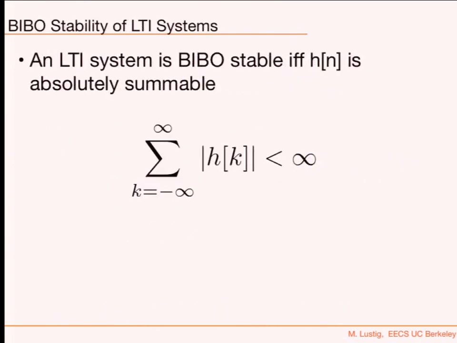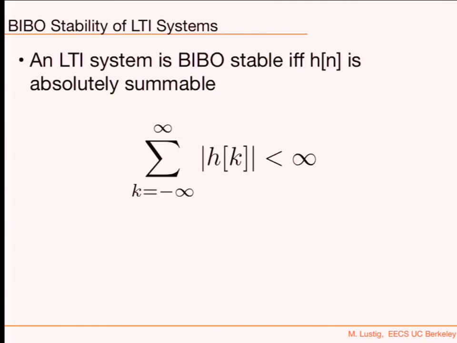All right, in the last 2 slides, I want to talk about BIBO stability. An LTI system is stable if and only if h of n is absolutely summable. This is a criterion for BIBO stability.